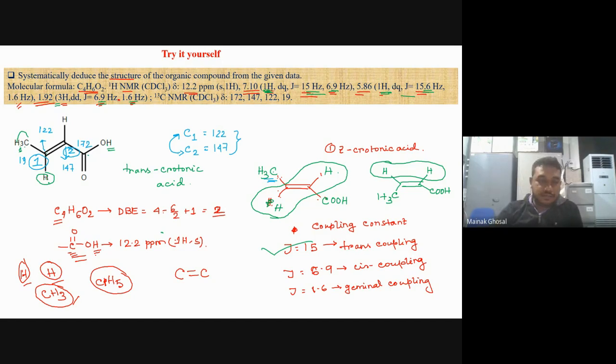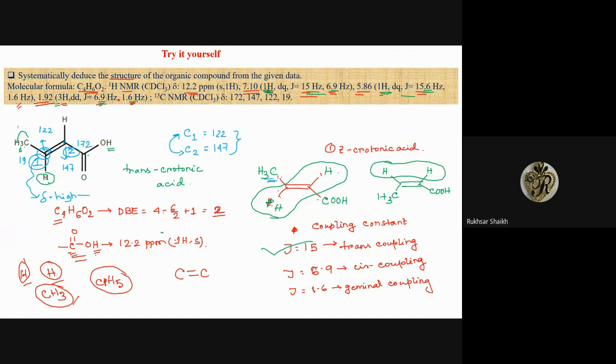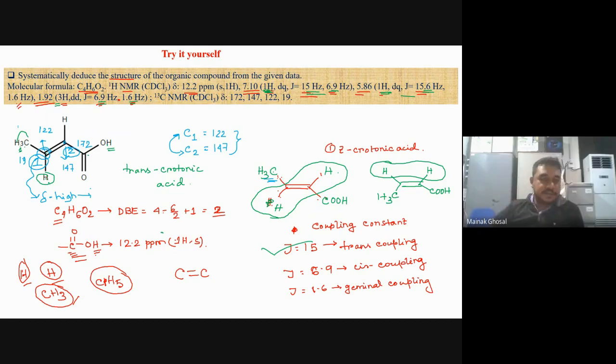I'm saying this carbon has higher delta value, higher compared to the other carbon. So any logic? You just see, yeah, conjugation. What will happen?